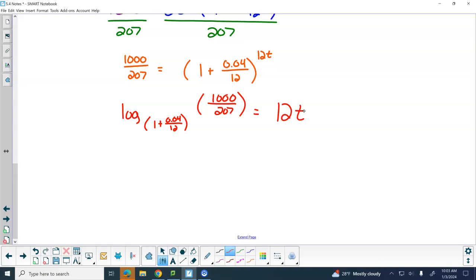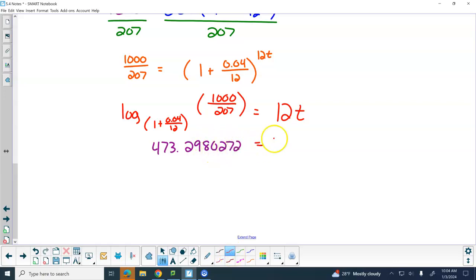Divide that by log of 1 plus open parentheses 0.04 divided by 12 close and close gets me here. This would be 473.29802772.